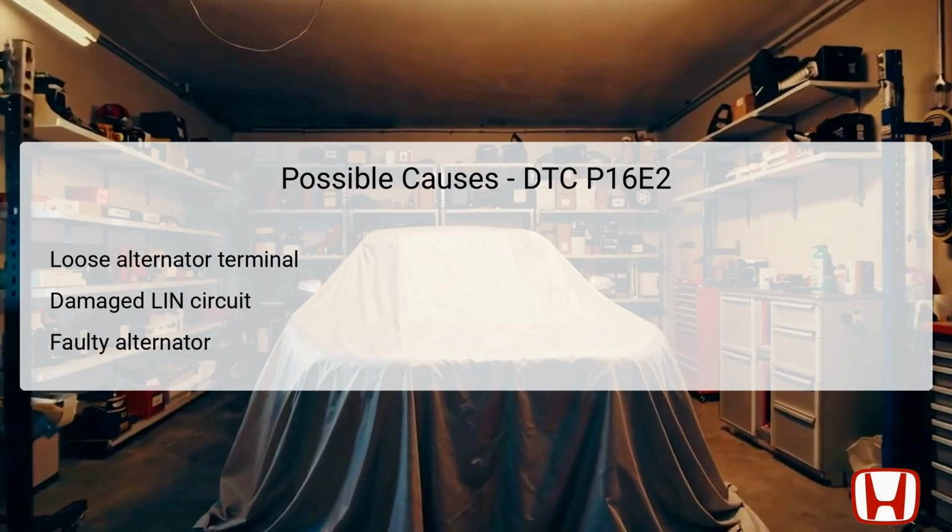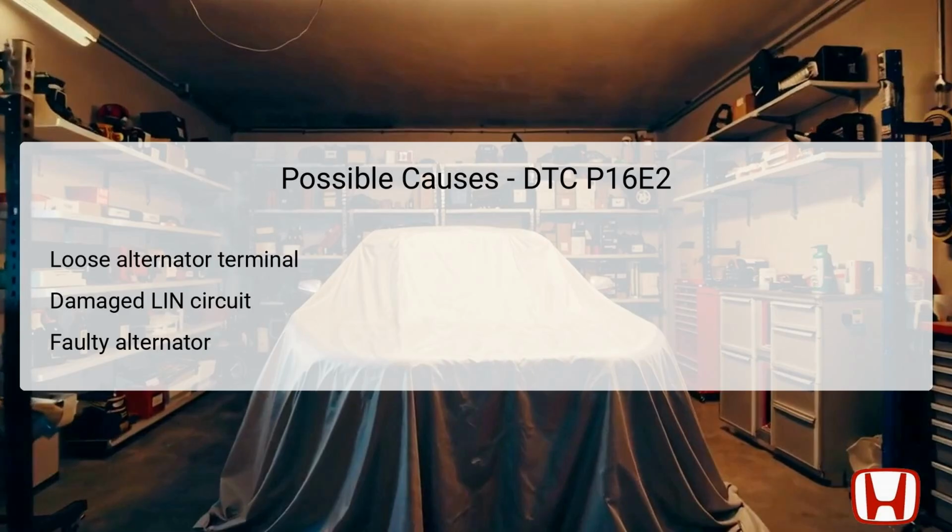Several factors could trigger DTC P16E2. One common issue is a loose terminal connection at the alternator's plus B terminal. This situation can disrupt the communication necessary for the PCM to monitor the charging system. Another potential cause is damage or a fault within the LIN circuit, which affects data transmission between the alternator and the PCM.